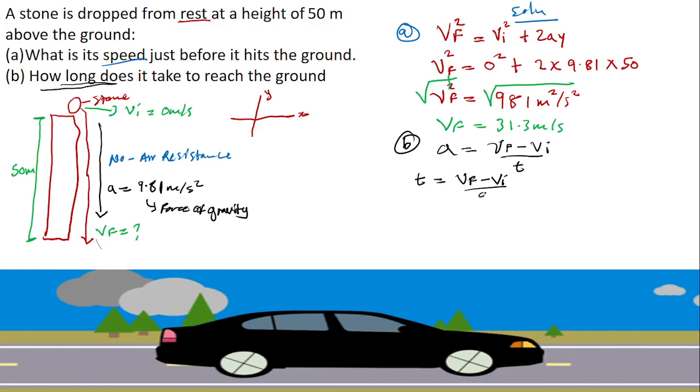So all we need at this moment is to plug in the values. The v final we have found is 31.3, minus 0, over the acceleration, which is 9.81. So time is equal to 31.3 divided by 9.81.